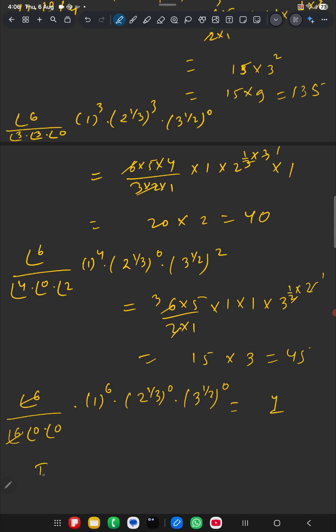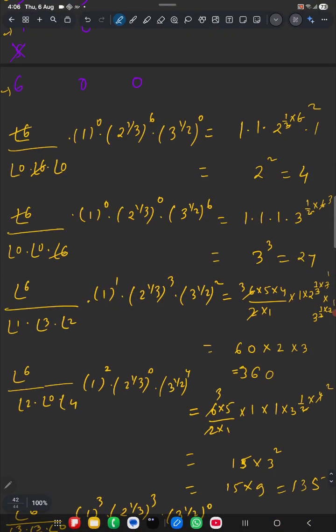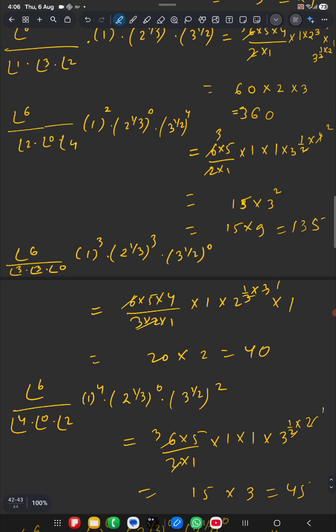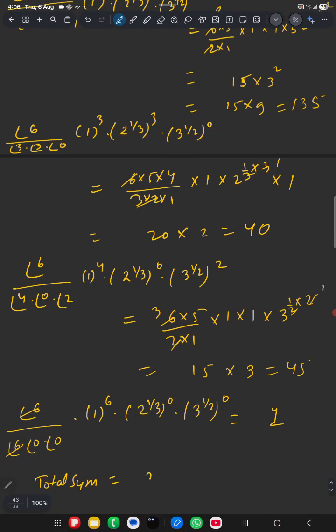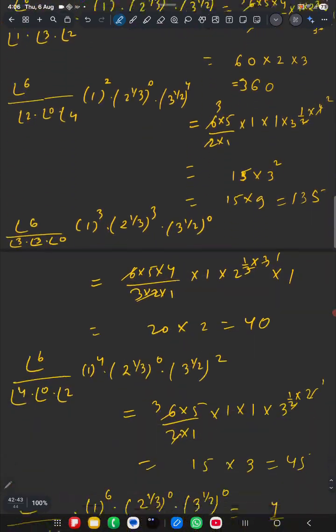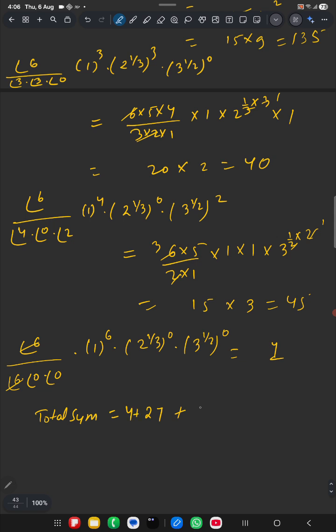So the total sum is, starting from the first one, 4, then 27, then 360, then 135, then 40, then 45, then 1.